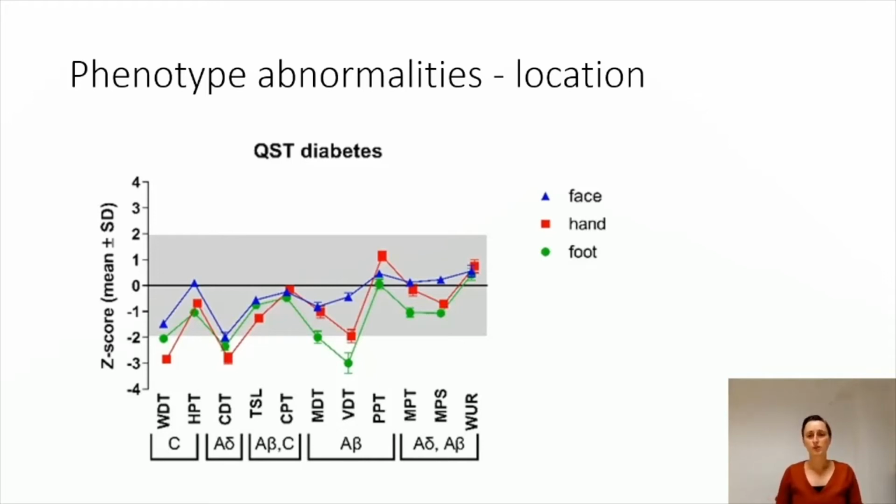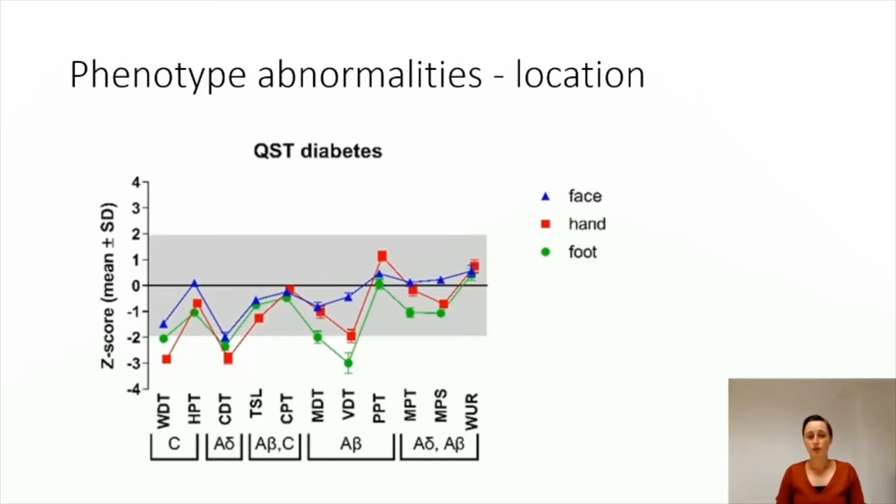In this case, we considered the face location to be a normal location. By comparing the QST profiles of almost 50 diabetes patients, we can see if there are any trends in QST abnormalities on different locations between different patients.